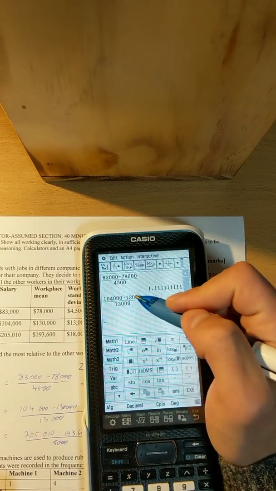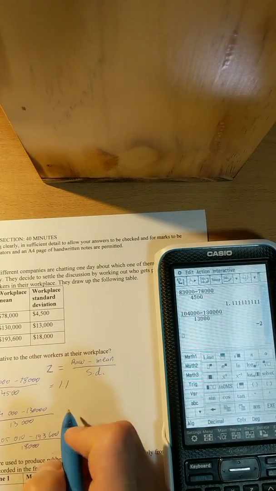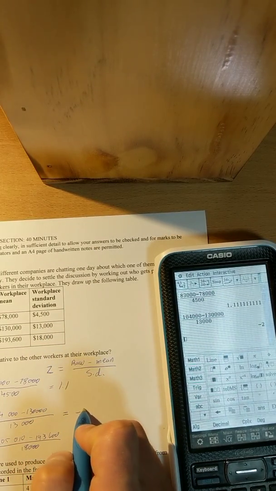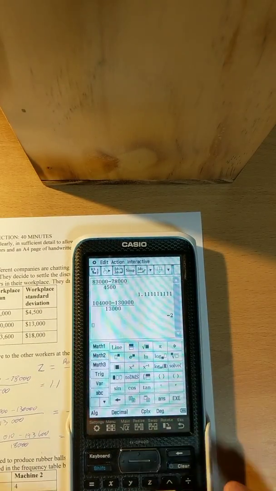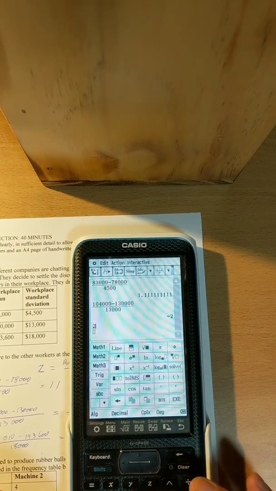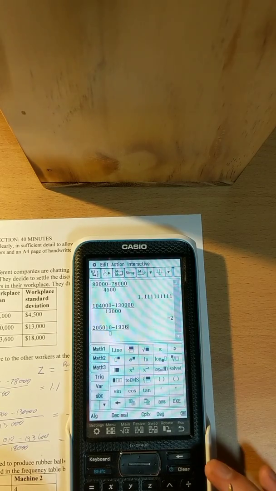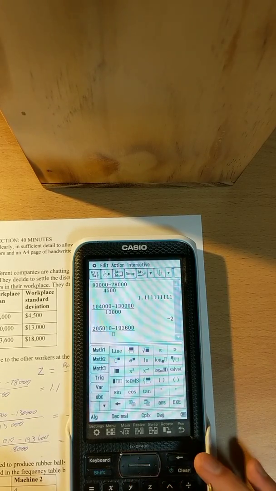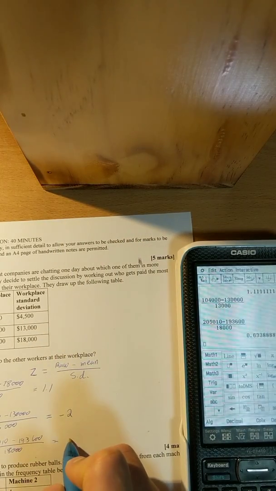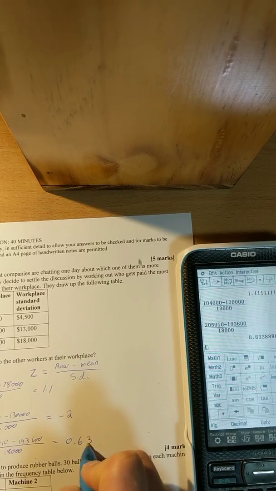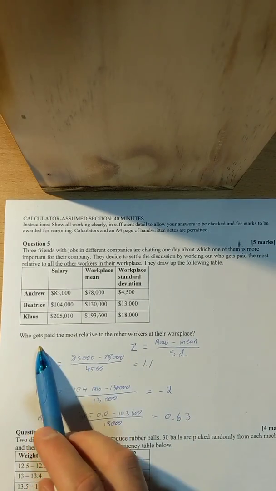No, I've put a number in wrong there. I've written 13,000, that should be 130,000, and that gives Beatrice a z-score of -2, and Klaus is going to get 205,010 minus 193,600 divided by 18,000, which gives him a z-score of 0.63.